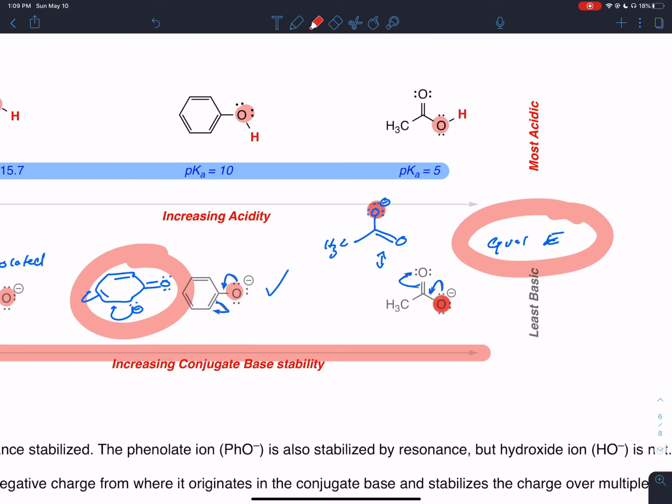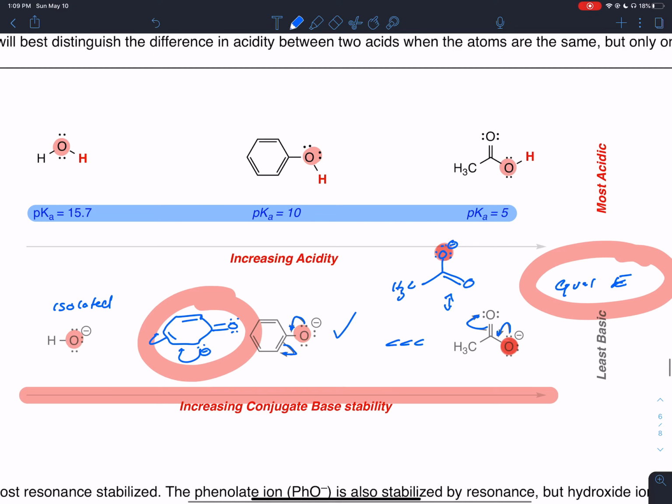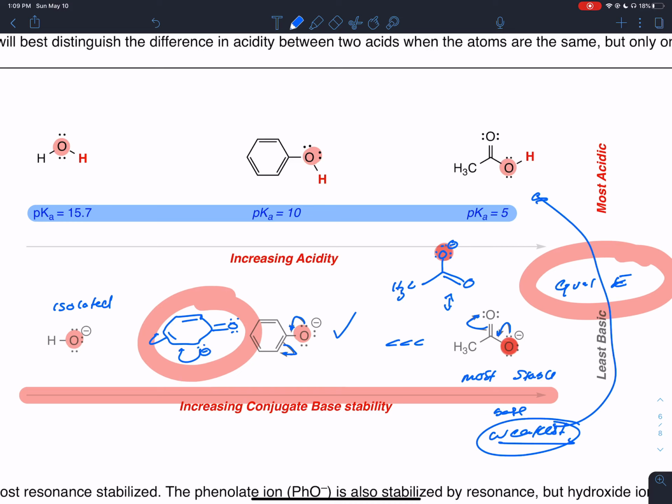And if you remember back to the intro series on resonance, we said that resonance stability, the stability afforded to the molecule by virtue of the resonance, was going to be greater if you had either more contributors or the resonance structures were more similar to each other in energy. And what we'll see here is that the resonance is more impactful in the carboxylate when we delocalize over the two oxygen atoms. And accordingly, if this is the most stable anion, the most stable base, that means it is the weakest base. If this is the weakest base, its conjugate acid is the strongest acid in the series, okay?